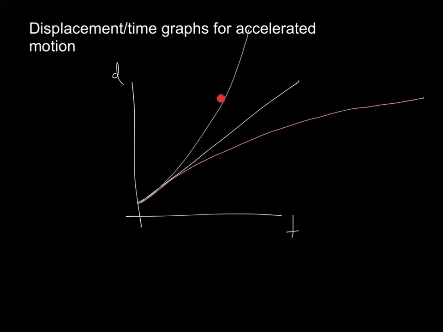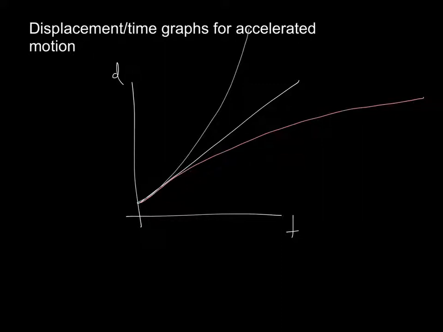In this case, the gradient is increasing, and so is the speed, because the speed is the gradient. Remember, the steeper the line is, the faster that the thing is moving. So this is how I can easily recognize motion that is not at constant speed when I see a graph. When I see a curved line, I'm like, oh, this guy is accelerating. When I see a curve like this, I'm like, oh, this guy is decelerating, because the gradient is constantly changing.